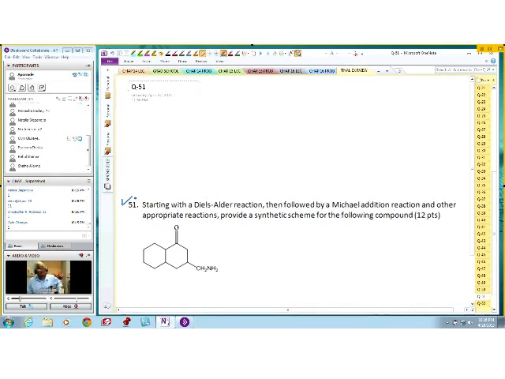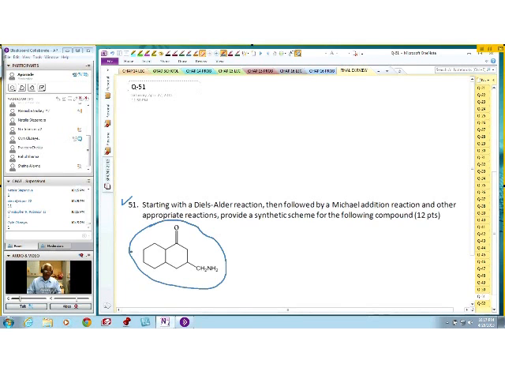Now, what they want you to do here, since we have now left the multiple choice questions, is get into synthetic design. They want you to make this compound, and to make it, they also want you to use a Diels-Alder reaction.